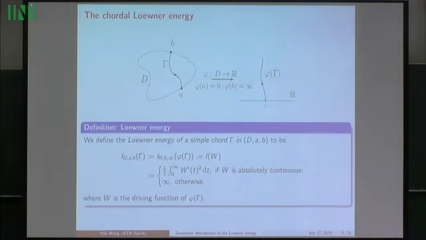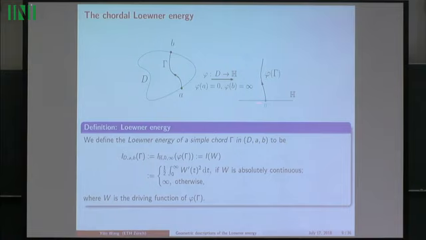And now we look at the definition of the Loewner energy. We can define the Loewner energy in the setting where you have a simply connected domain D. I will always put the blue color for the boundary of the domain, and the curve itself in black. So here the gamma curve. Then we choose a conformal map, the uniformizing map, mapping this simply connected domain to the upper half plane by sending A to 0 and B to infinity.